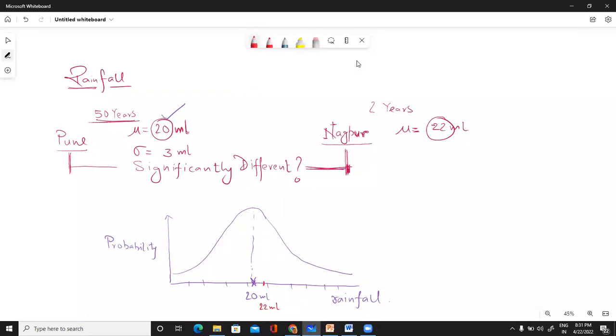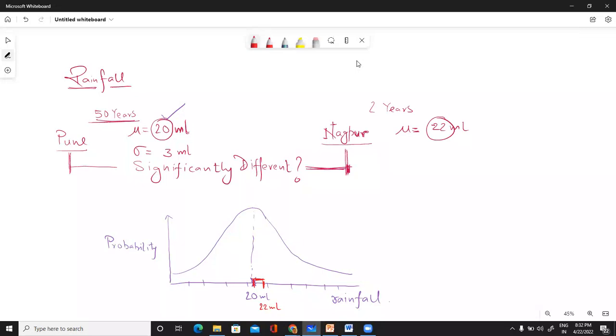22 milliliter. So we want to know whether this distance is significant or not. What it means is, if the standard deviation is very high and the data is varying as it is, then we can say that in Nagpur also the mean is actually 20, but just due to chance somehow we got 22.